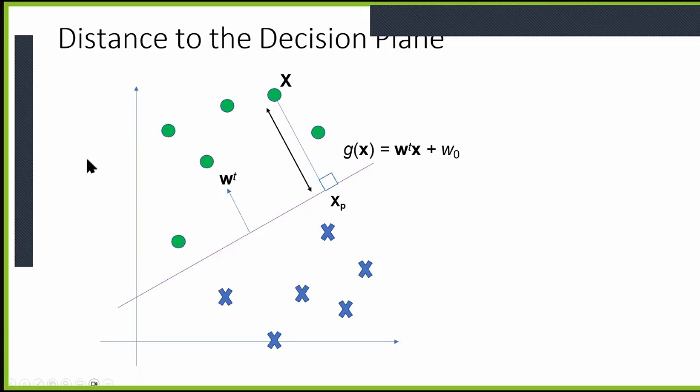That will be the goal in determining the distance of this data point X from the linear decision boundary. And this slide is the formal way of indicating that we are getting the position vector for X and XP and performing the standard vector subtraction.